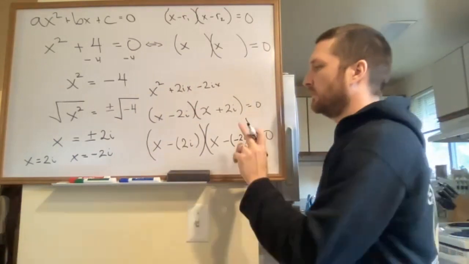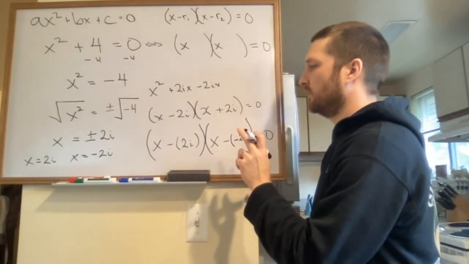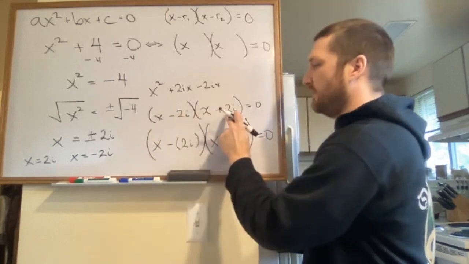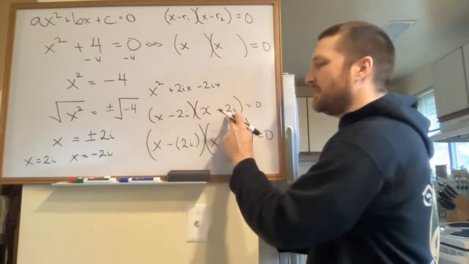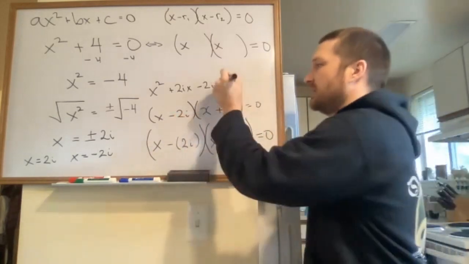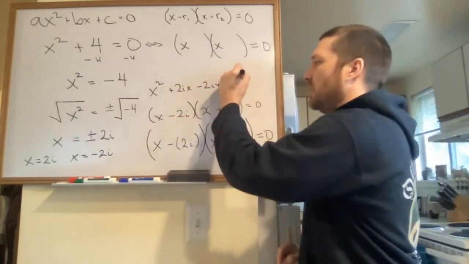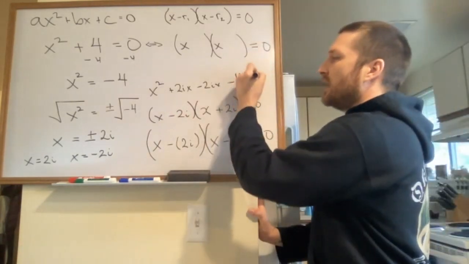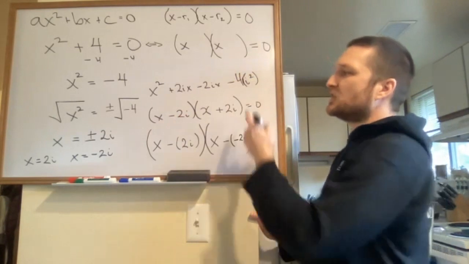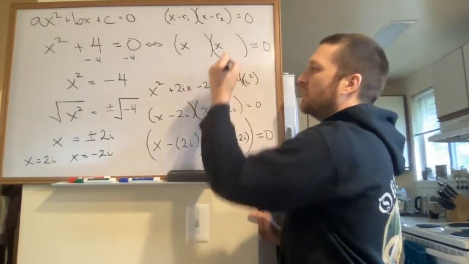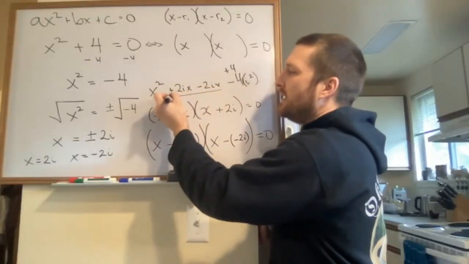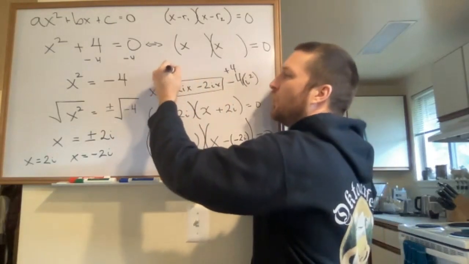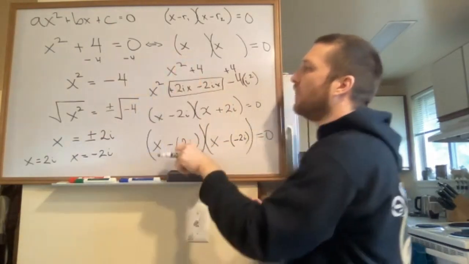A negative times a positive is a negative. 2 times 2 is 4. i times i is i squared. But we know that i squared is -1. And so then that becomes a plus 4. The plus 2ix and the minus 2ix are gone. And lo and behold, we can factor this bad boy after all.